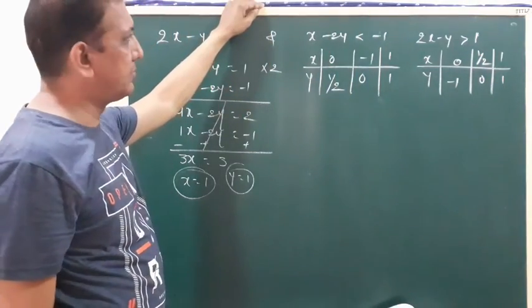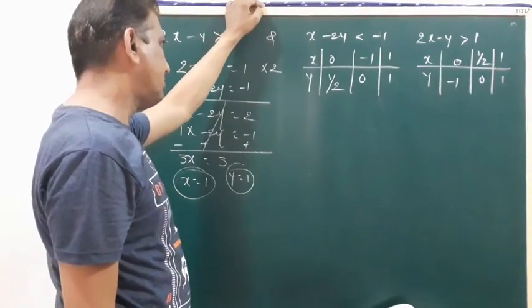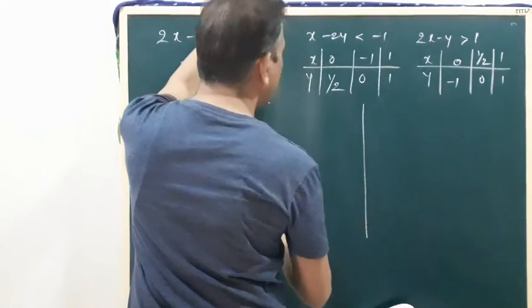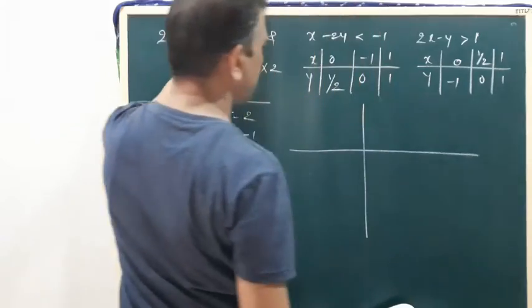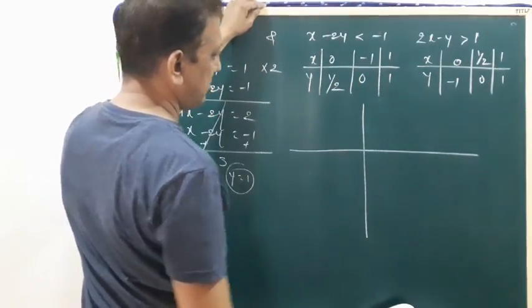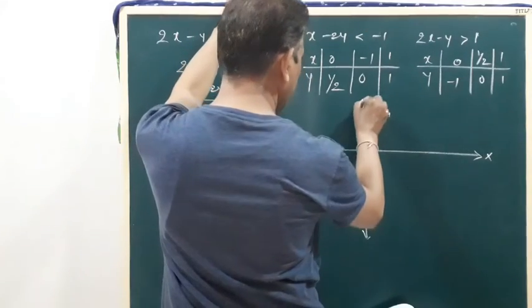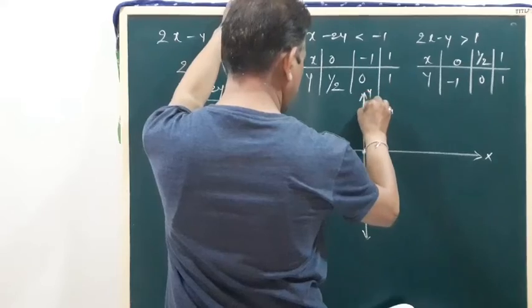Okay. Now draw the graph. The important graph. First we check in which quadrant, can't we decide? Here the origin.